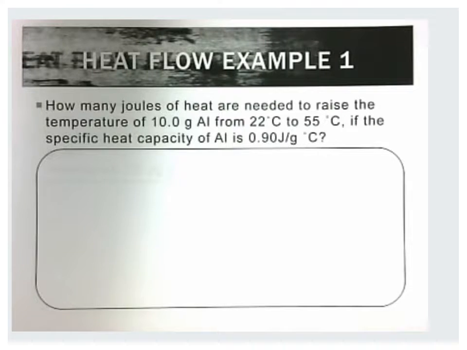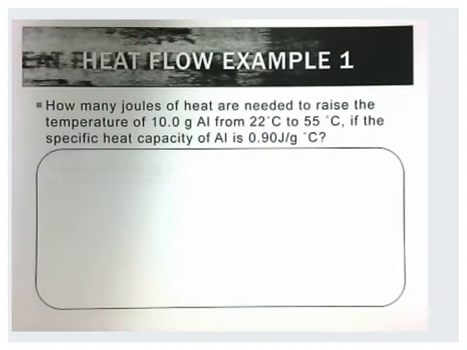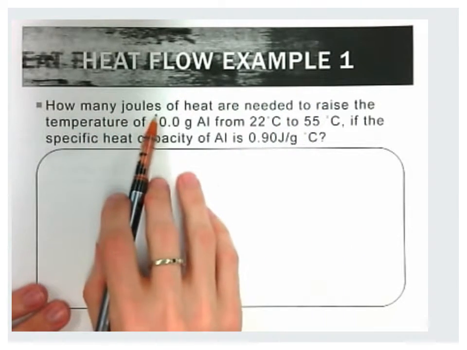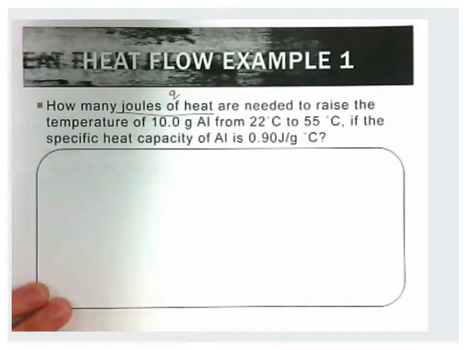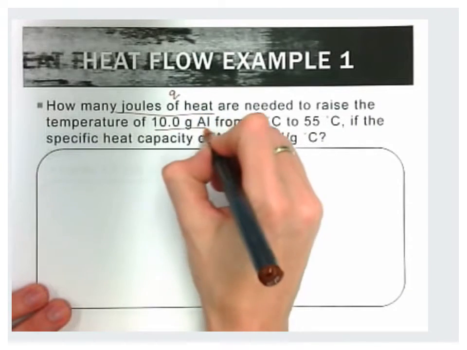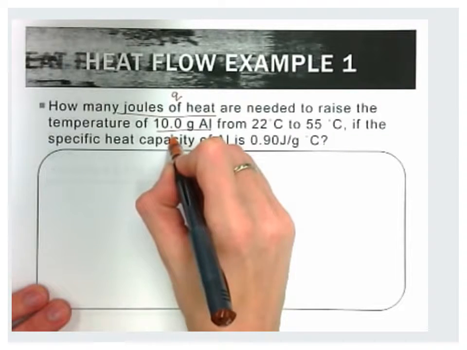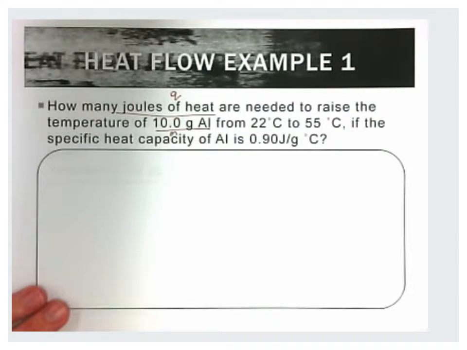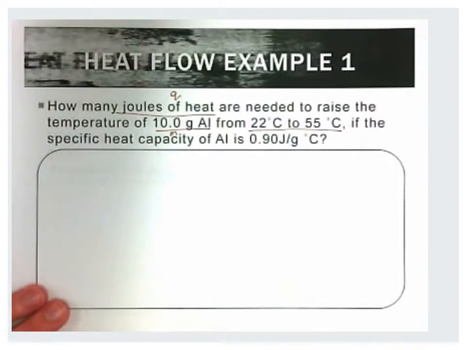Alright, so here's how you actually use this information to solve some of the problems. In this problem statement, you are asked how many joules of heat, this is your Q, are needed to raise the temperature of 10 grams of aluminum, that's your mass, from 22 to 55 degrees Celsius.